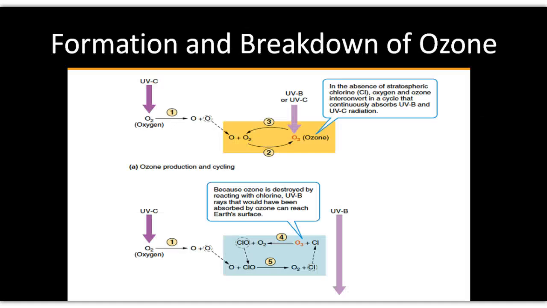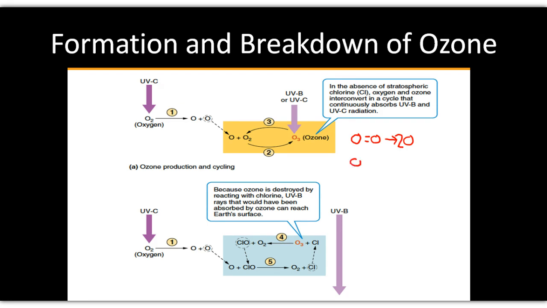Alright, so here's a little drawing of what's supposed to happen. Typically, you have an oxygen molecule, and some UVC rays come down and hit that, and they'll split it up, and you'll end up with 2 oxygen atoms.